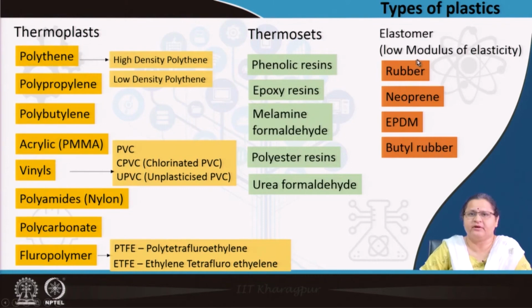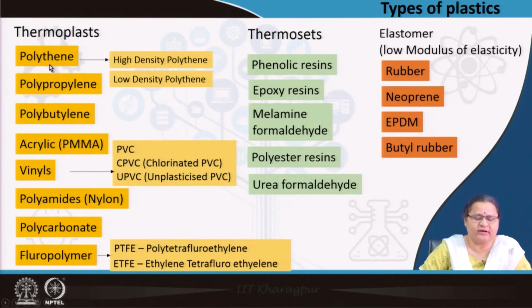We have rubber, neoprene, EPDM and butyl rubber. Coming to thermoplasts, these are more what we use. The polythenes, the polypropylenes, the polybutanyls, acrylic, vinyls, polyamides, polycarbonates, fluoropolymers.